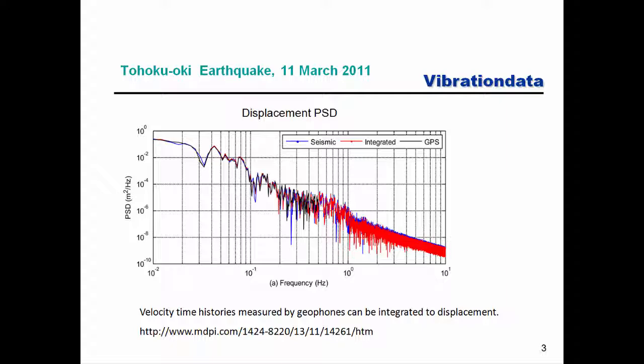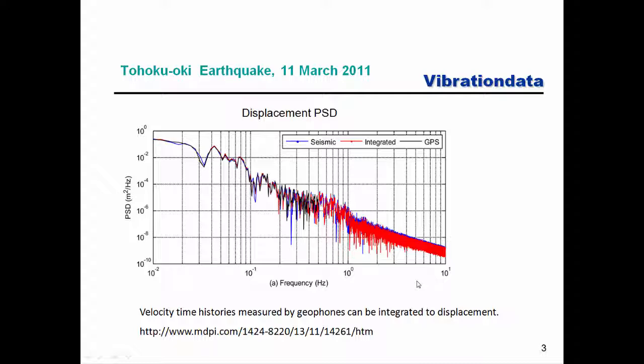And this is some seismic data that was also measured in Japan, and it's presented as a displacement power spectral density. So the y-axis is PSD, meters squared per hertz. The x-axis is frequency in hertz. And there's a paper here at this bottom link that you can go and research.